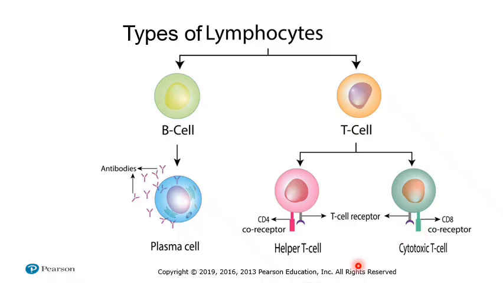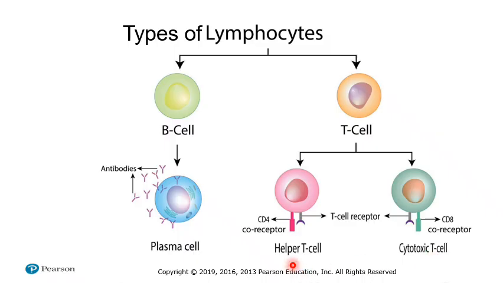But once a CD4 T cell recognizes an antigen or was presented an antigen and recognizes it, it is only going to become a helper T cell. It will now do the job of a helper T cell. The CD8, once it becomes activated, will now become a killer T cell. It will now do the job of a killer T cell, which is really not easy.